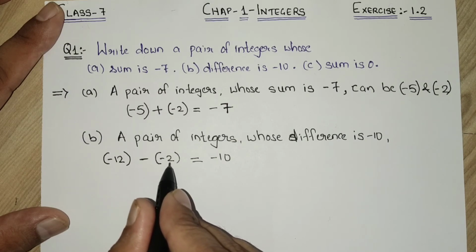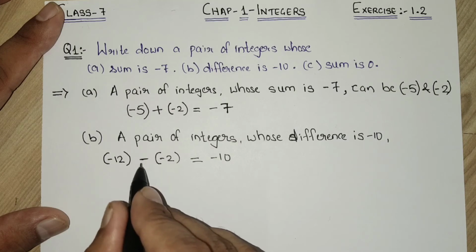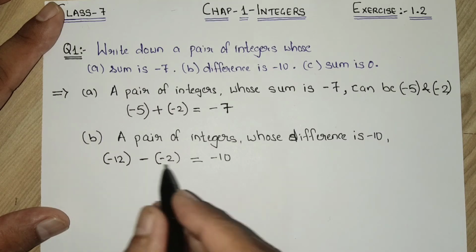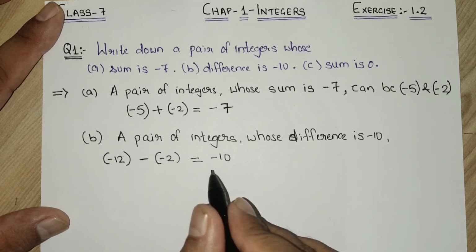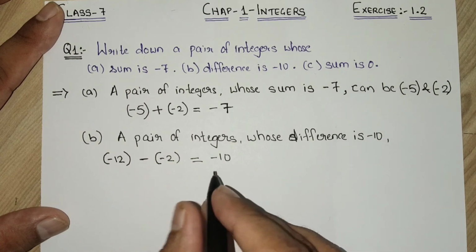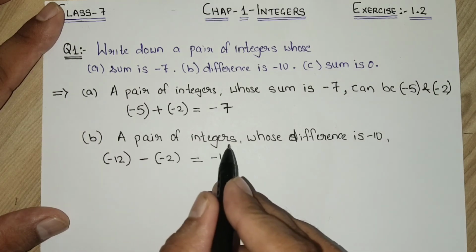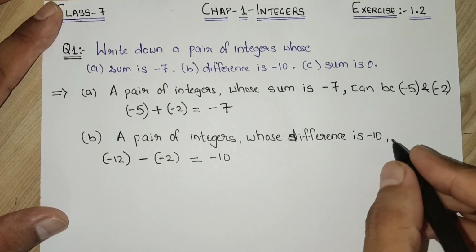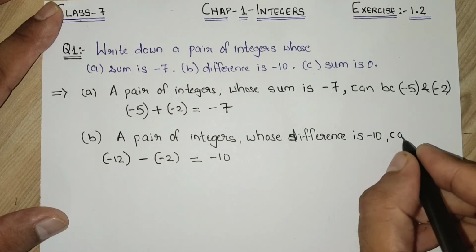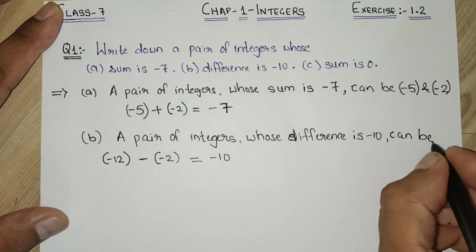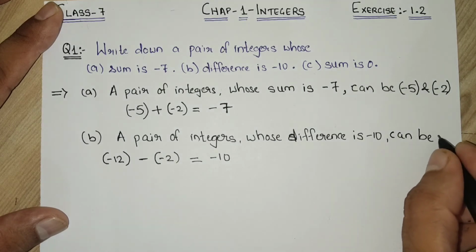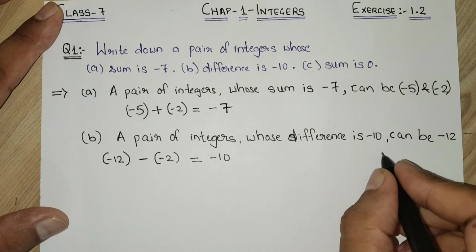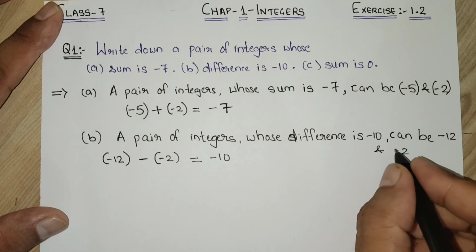So what is the additive inverse of -2? It is +2, and adding +2 to -12, I will get -10. So you get the answer. So I will write that a pair of integers whose difference is -10 can be -12 and -2.